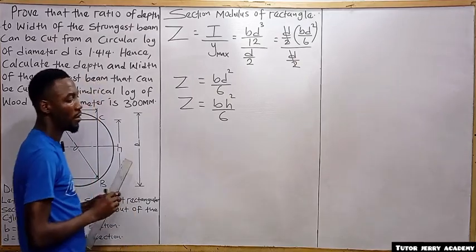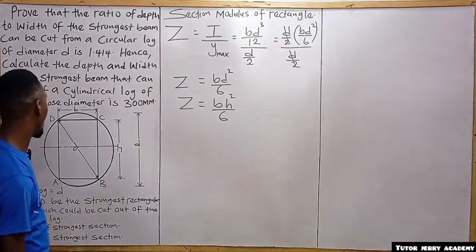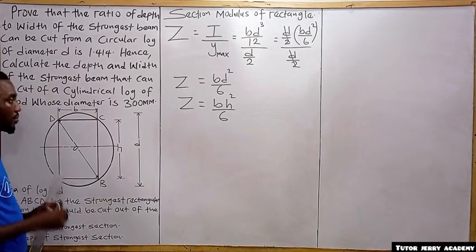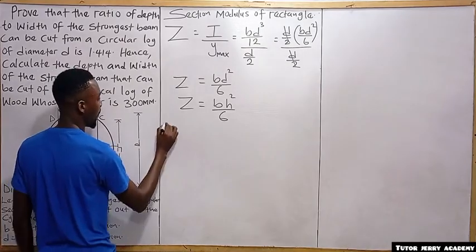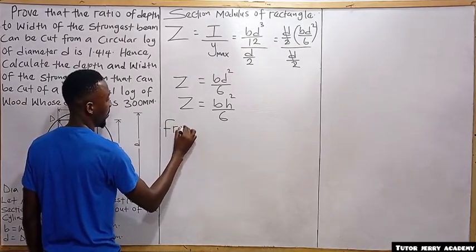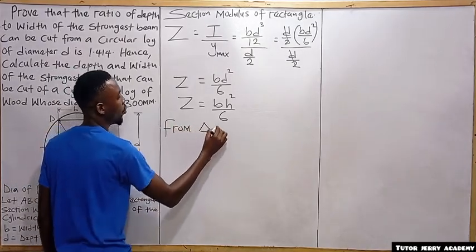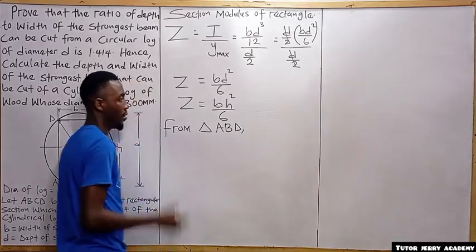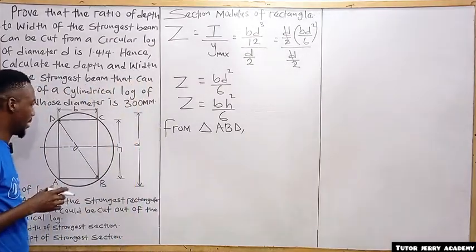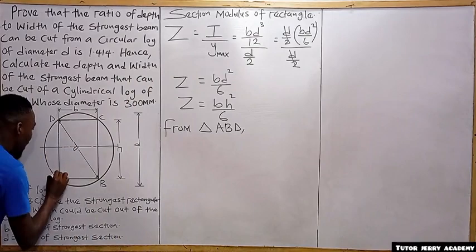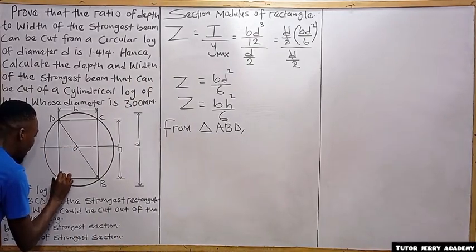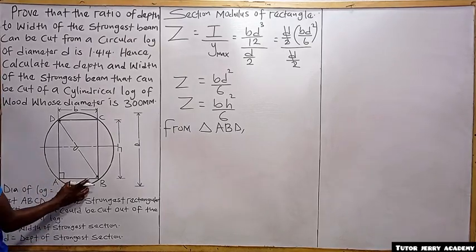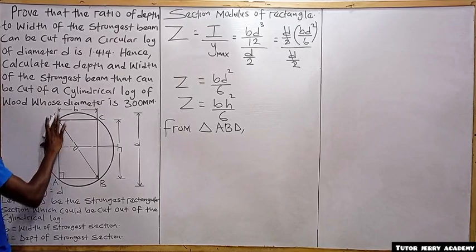Next, we consider triangle ABD. We can apply Pythagoras theorem here, because this is a right angle, this side is b, and this side is h.